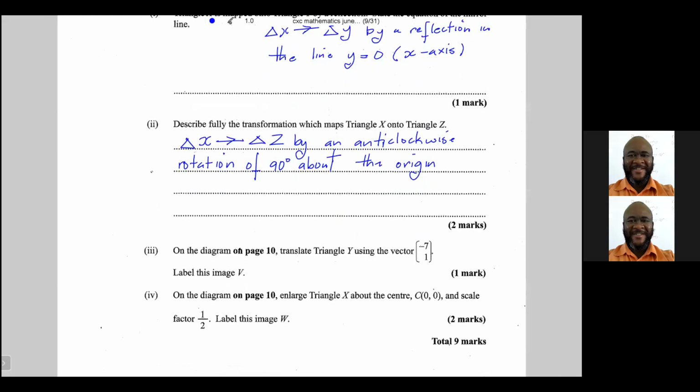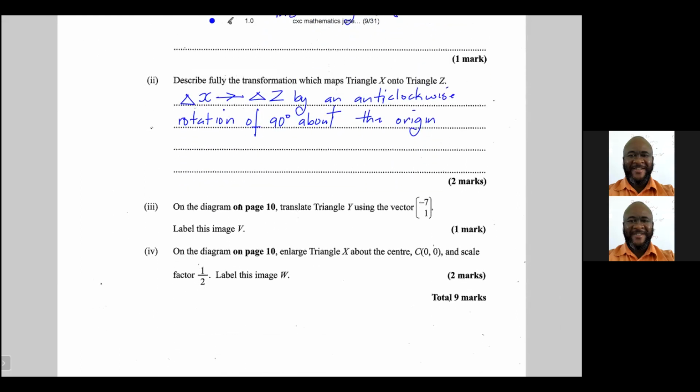All right. IV, the last part of the question, it says on the diagram on page 10, we're to enlarge triangle X about the center C, which is the origin, and the scale factor is +1/2. And we're to label its image W. So we're enlarging X, center the origin, scale factor 1/2.